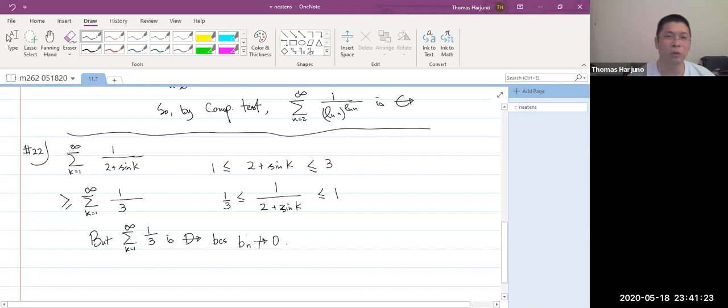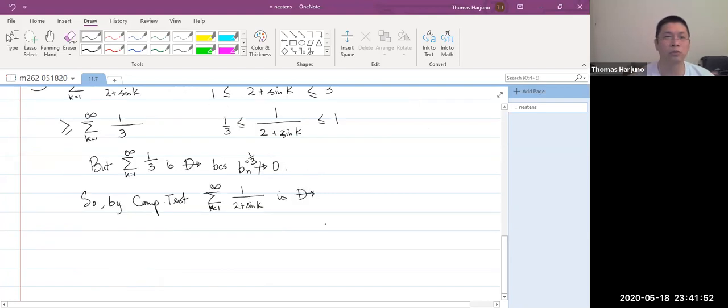The b_n is always 1/3, which is not convergent to 0. So by comparison test, this series is divergent as well. Okay, that's for number 22, not too hard.